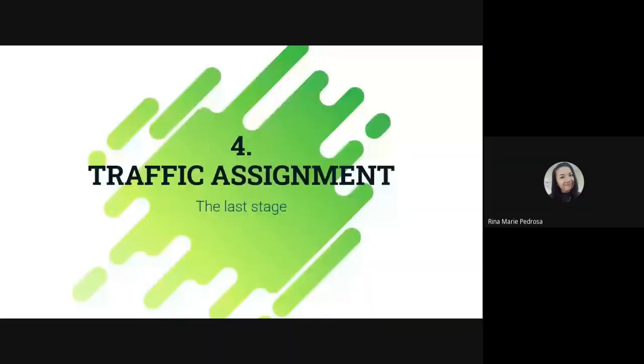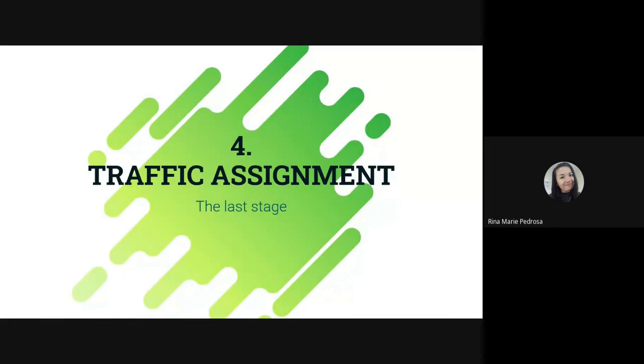The fundamental aims of traffic assignment are, number one, to estimate the volume of traffic on the links of the network, obtain origin to destination or OD pair, and lastly, to identify congested links and to collect traffic data useful for the design of future junctions.